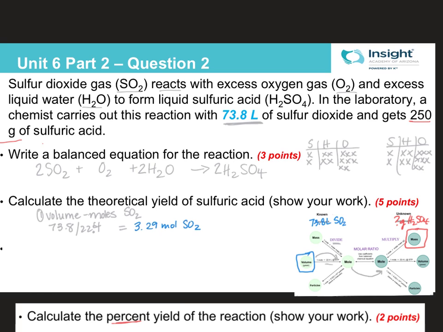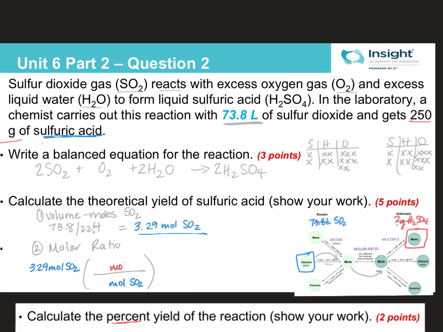Now I need to do my molar ratio. So I'm going to set up my parentheses. And on the outside, I'm going to put my known value, the 3.29 moles SO2. Moles of SO2 is going to go in the bottom. And I want to know sulfuric acid.